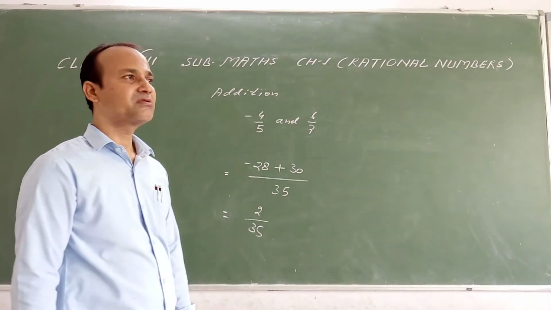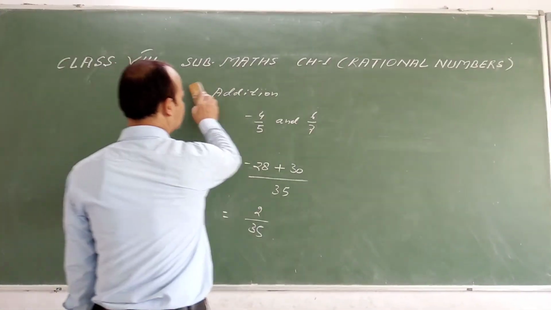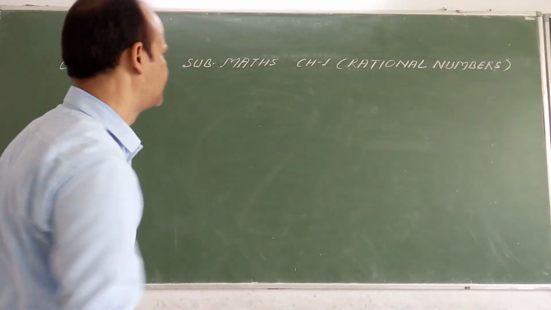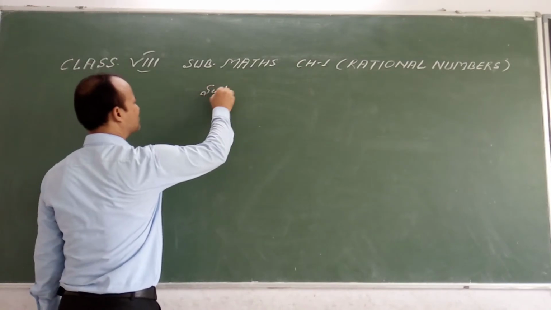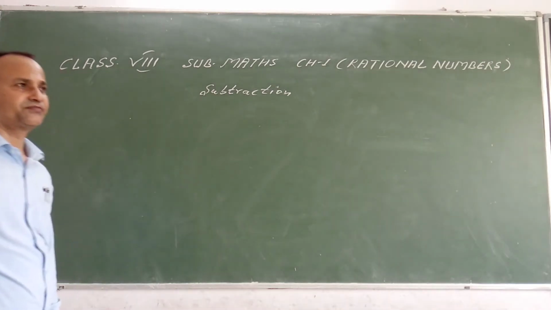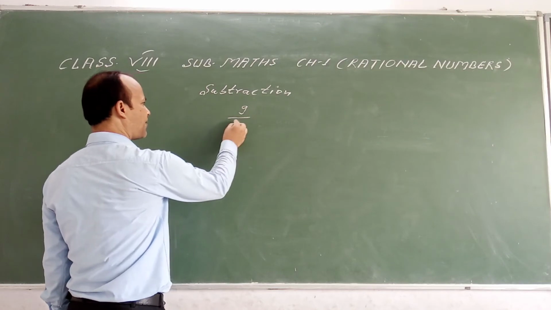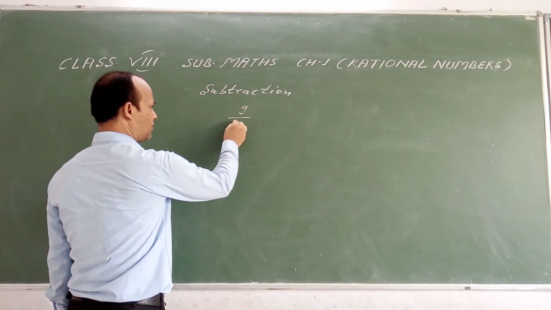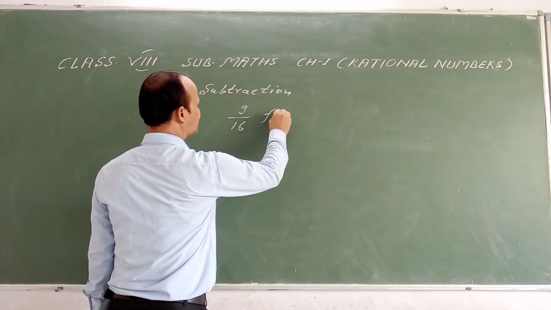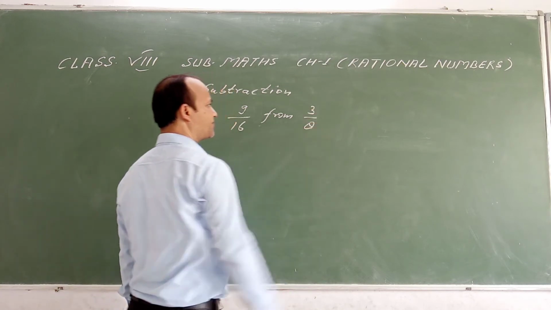Now, if you want to subtract the numbers, subtraction. Suppose you have given 9 upon 16 from 3 upon 8.